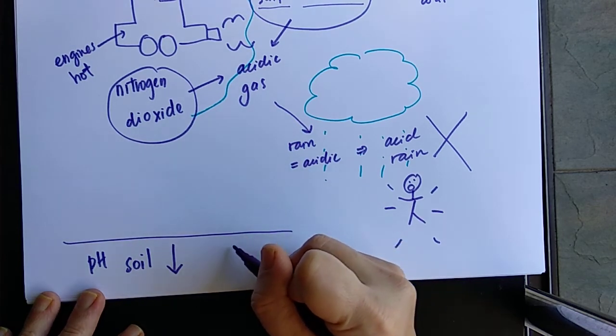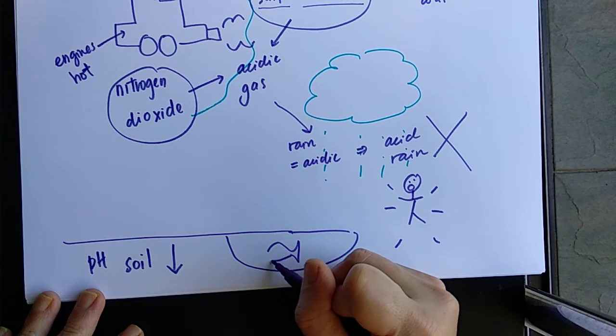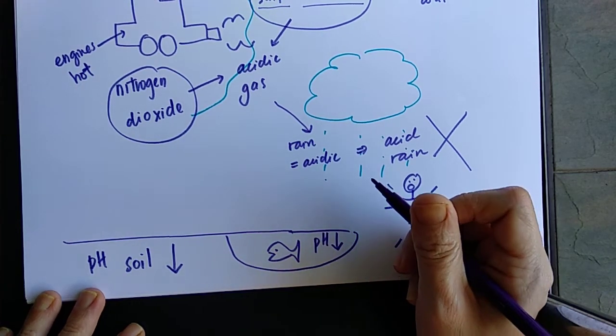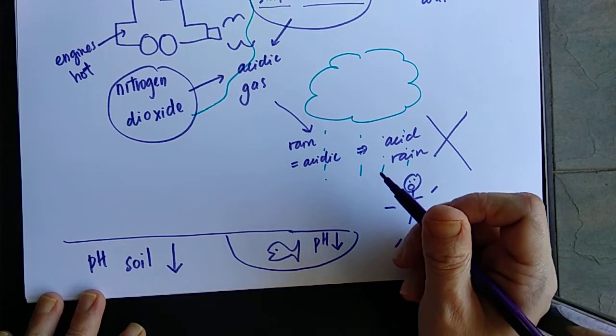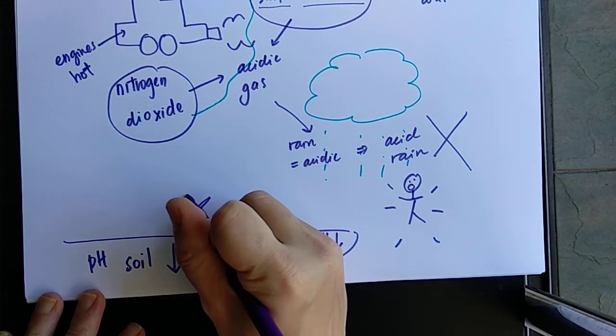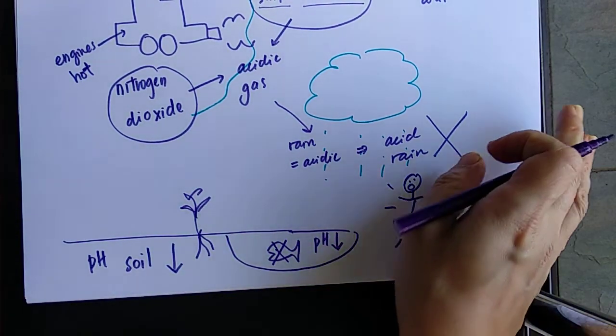It also causes the pH in water to become lower. So if the pH in water drops and the pH in soil drops, that could cause a lot of harm to plants and the aquatic animals living in the water.